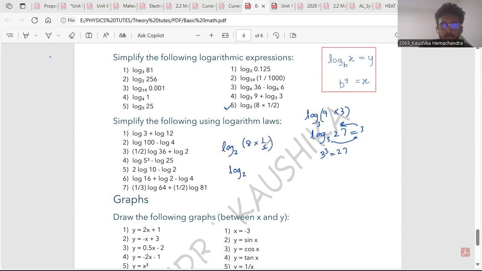So 8 into half is 4. Log 2, 4. 2 to the power 2 is equal to 4. Answer is 2. You can do the first one as well, right? See what you get. It's a bit different from all the other questions. Log 2, 0.125.